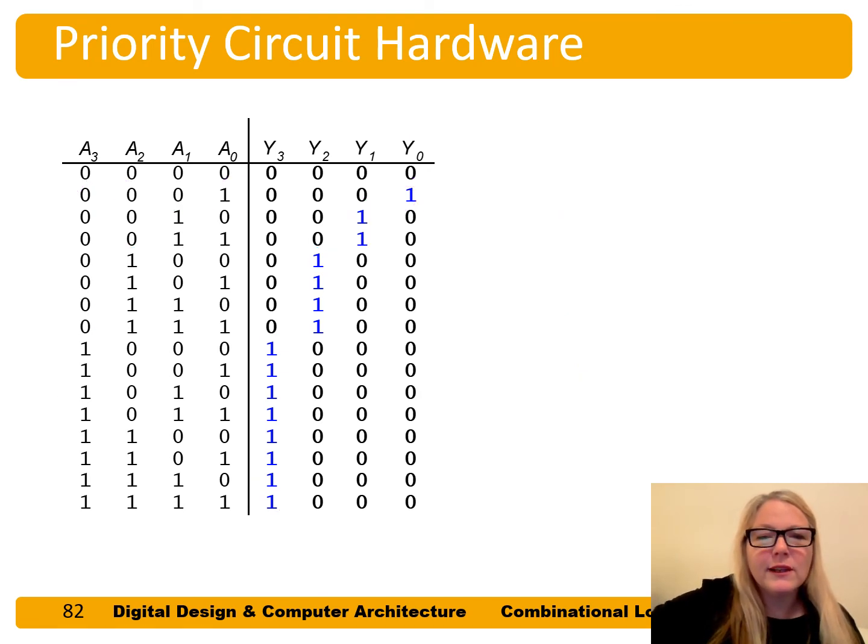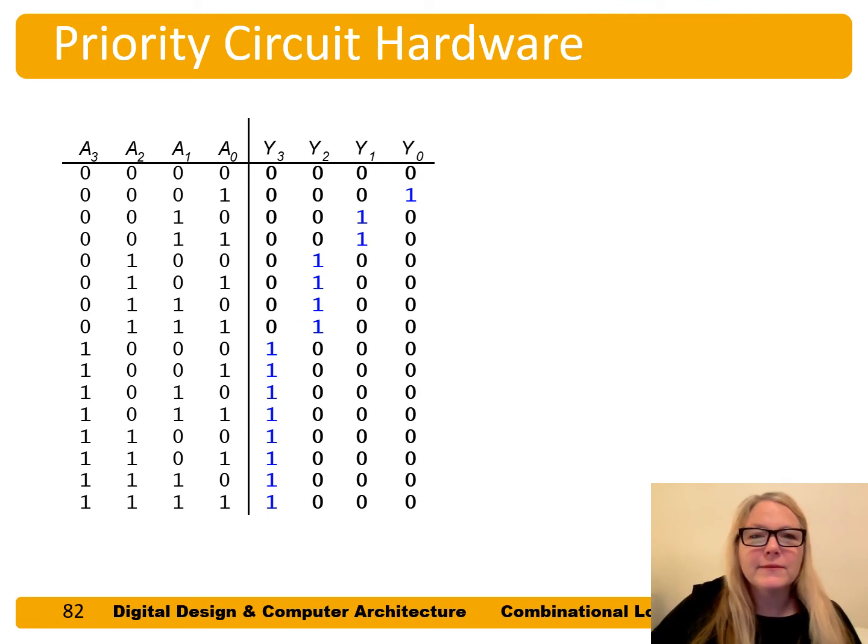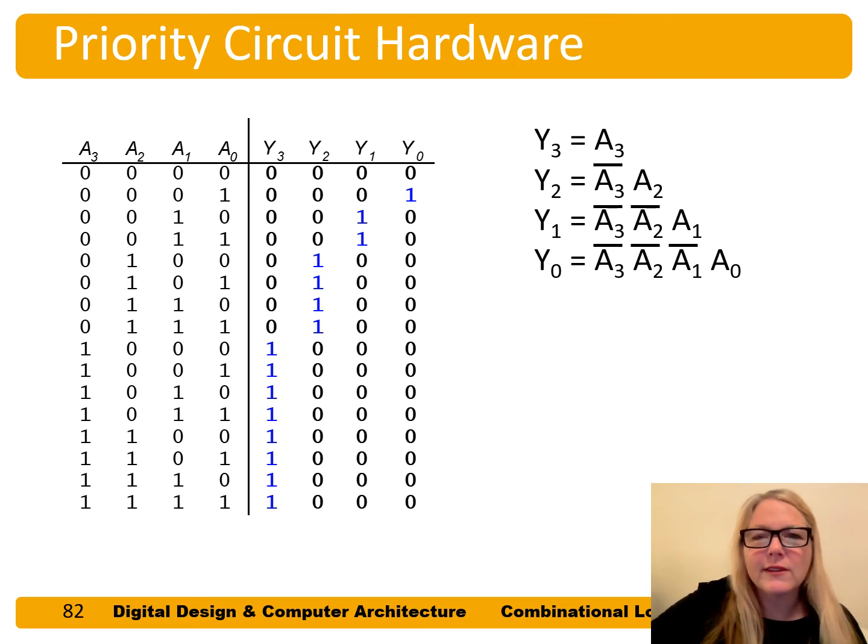And so we read our outputs directly from this truth table, and then we can write equations for those, and write circuits for those equations as well. So y3 would be pretty easy.